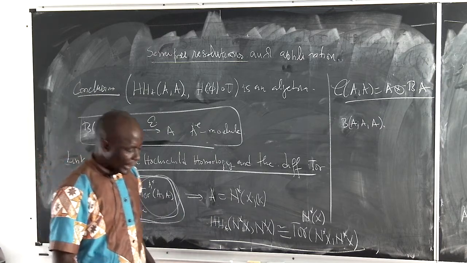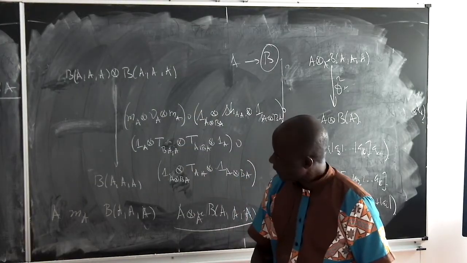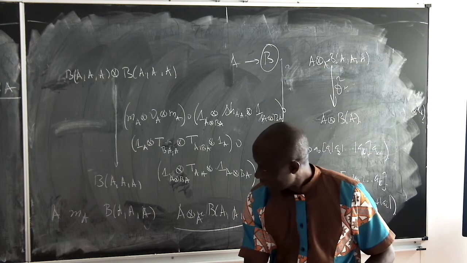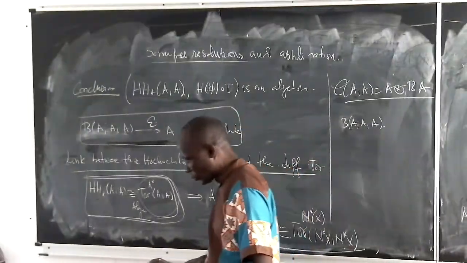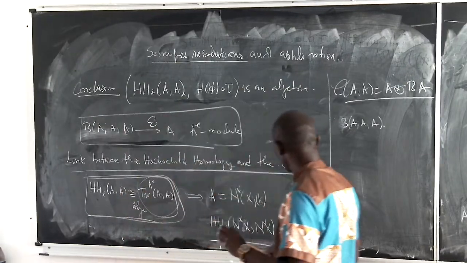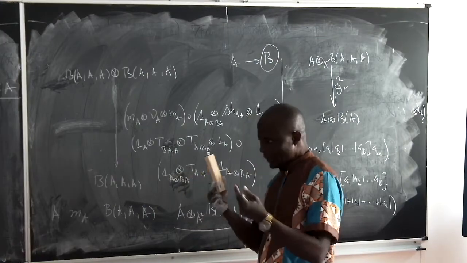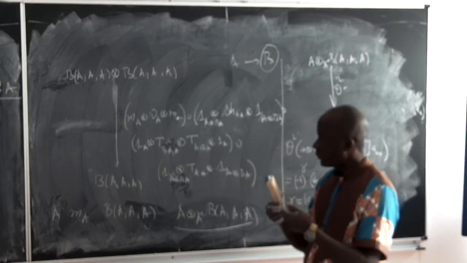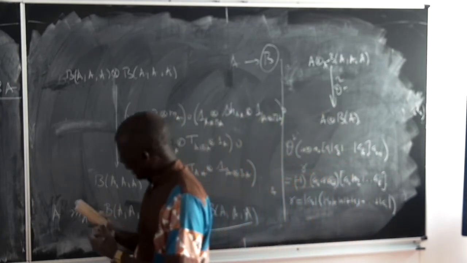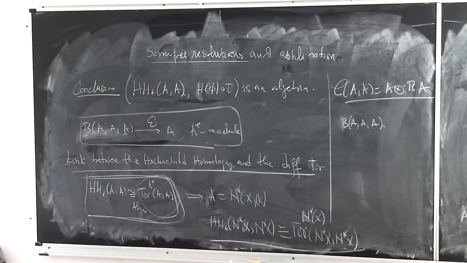So as I was saying before, tomorrow we'll end with these lectures by establishing that the free loop space homology is related to the Eilenberg-Moore differential Tor, and then we'll build an algebra structure between the two Eilenberg-Moore differential Tor as an algebra.